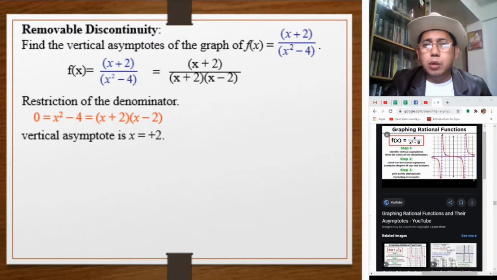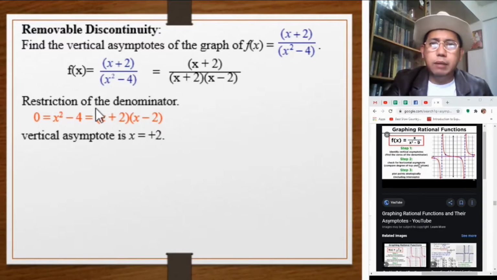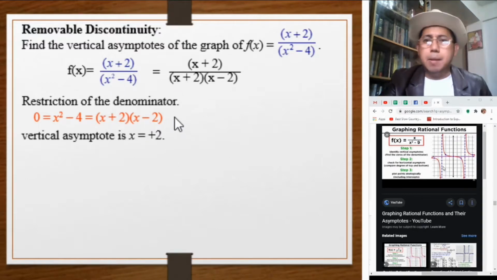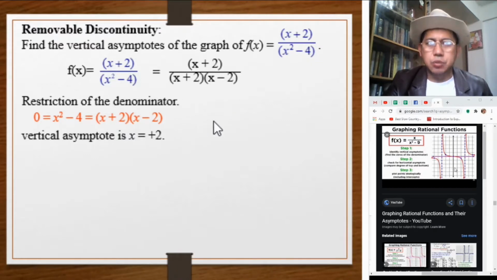Again, what is the domain of this rational function? The domain is all real numbers except positive and negative 2. Why? Because positive and negative 2 are restrictions of the rational function. They will make the denominator 0.